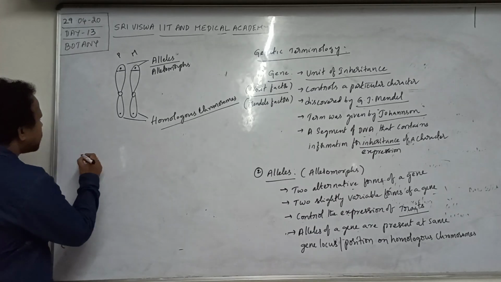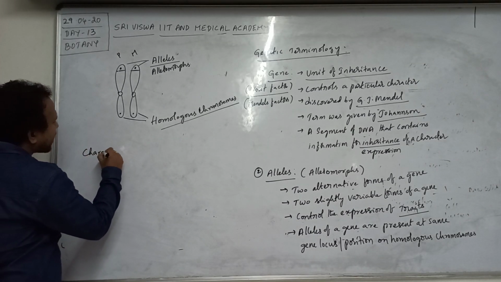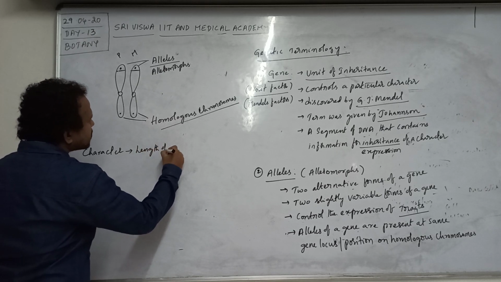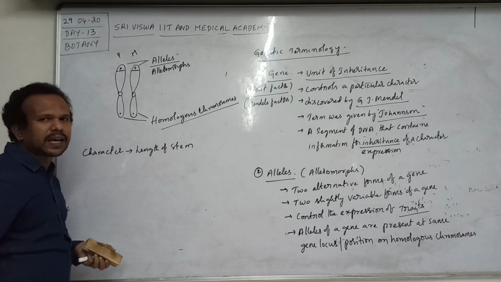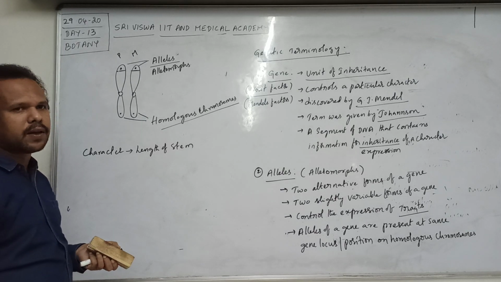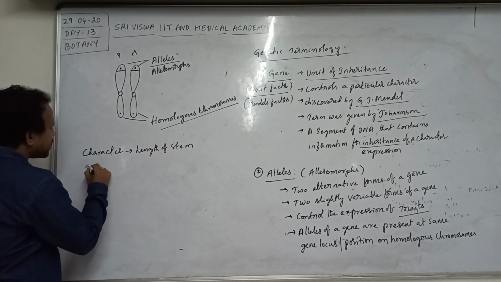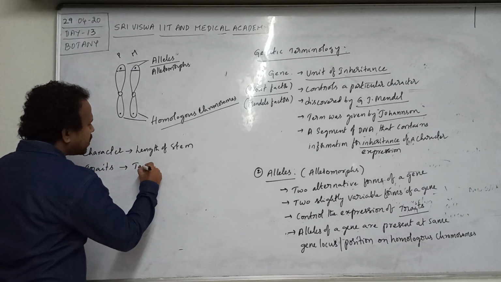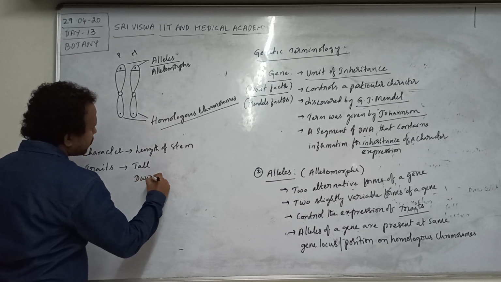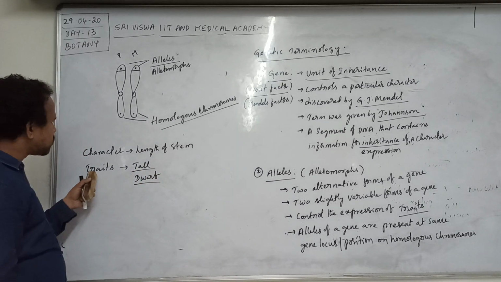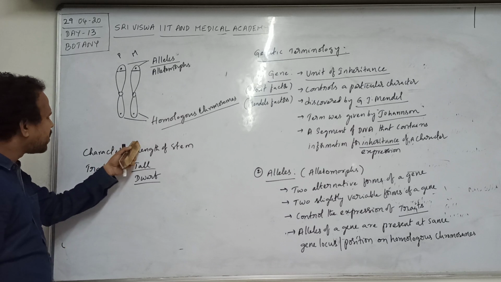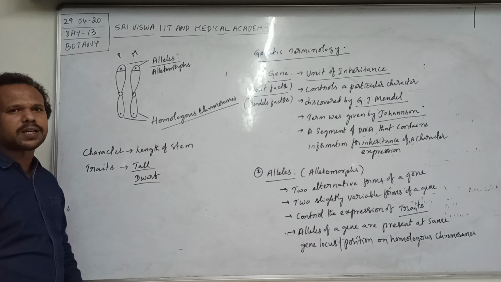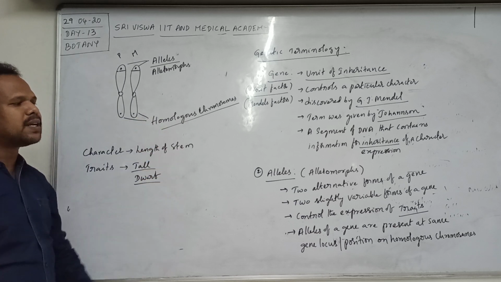For example, if the character is length of the stem, this has two contrasting traits. What are the contrasting traits of length of stem? Tall and dwarf. Tall and dwarf are the two contrasting traits of the length of the stem. These two contrasting traits are controlled by alleles.